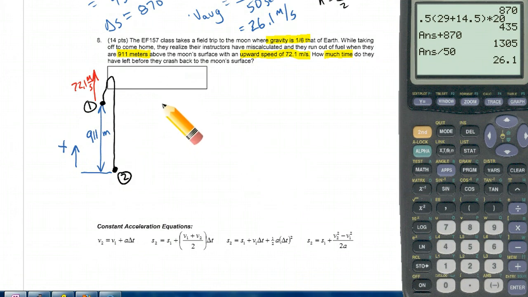Alright, so let's write down what we know. We know S1, 911, V1, 72.1. We know S2. If we set our origin down here, that's going to be 0. And we know acceleration. Let's fix that.